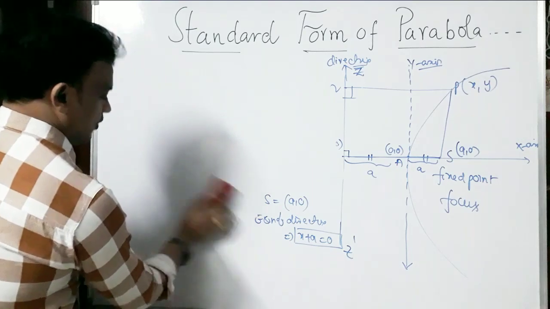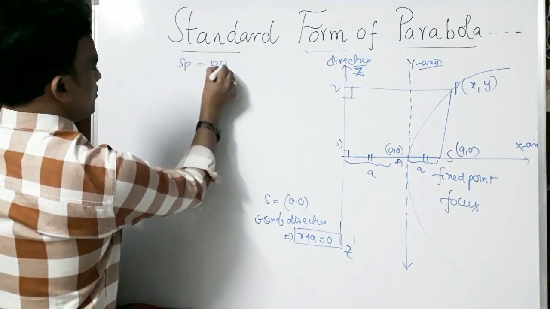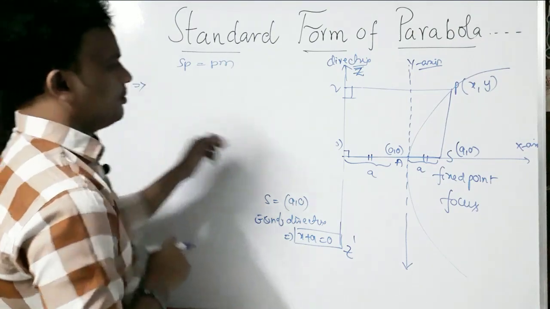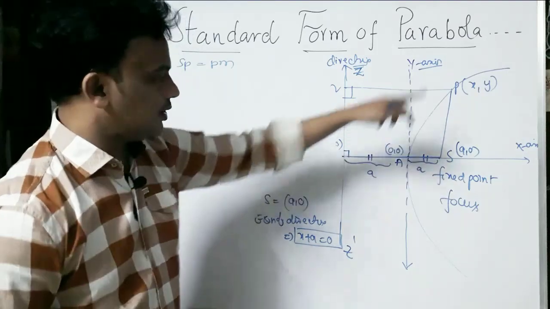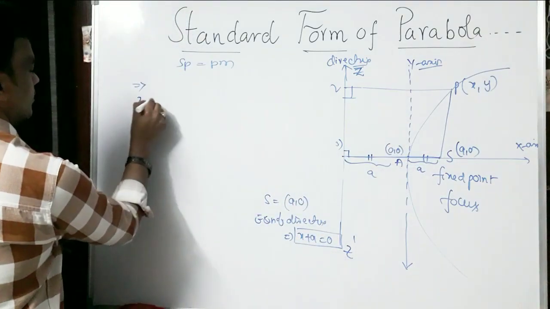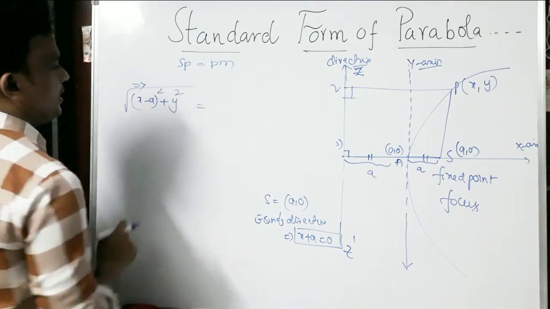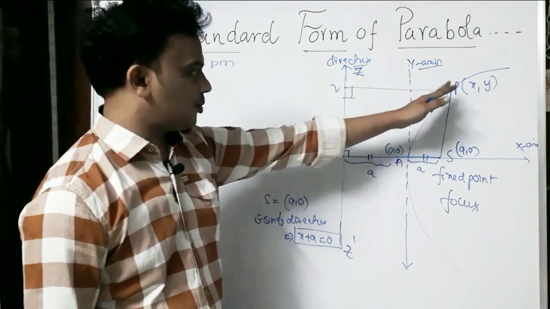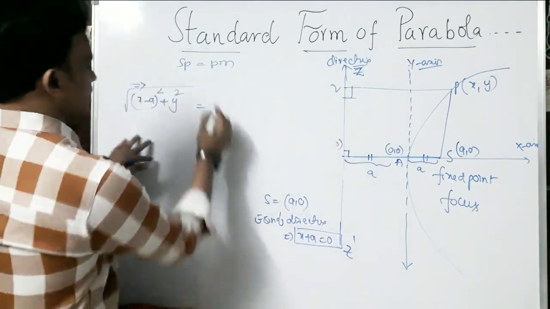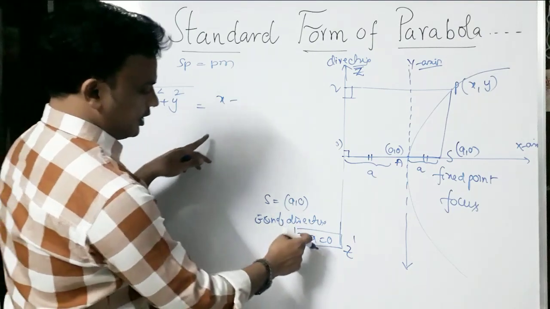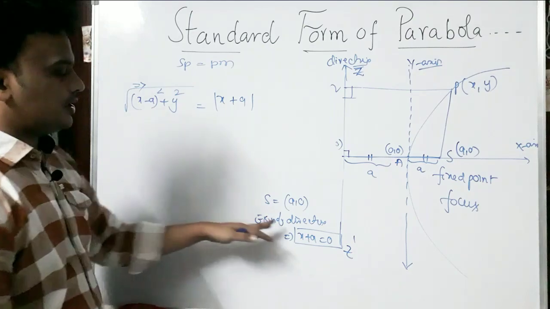According to this condition, what is our condition? SP equals PM. What is SP? The distance from the point P to the focus, so it is the square root of (x minus a) whole squared plus y squared. SP equals PM, where PM is the perpendicular distance from the point to the line, which is the modulus of x plus a.